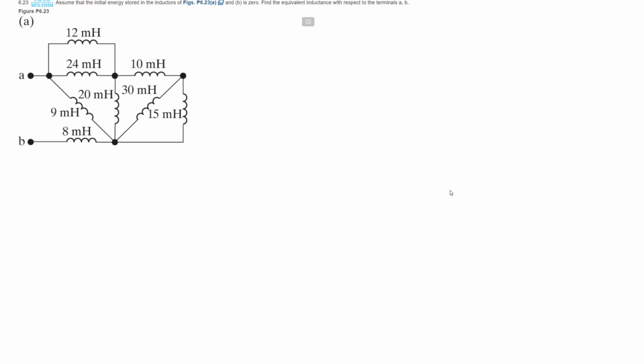Now, first thing I'm going to do is realize, okay, these two are in parallel with each other. The 30 millihenry and the 15 millihenry are in parallel. So 30 in parallel with 15 is 10, and that new 10 is in series with that original 10, and 10 plus 10 is 20.